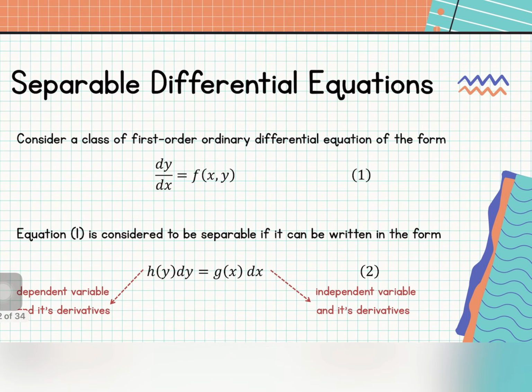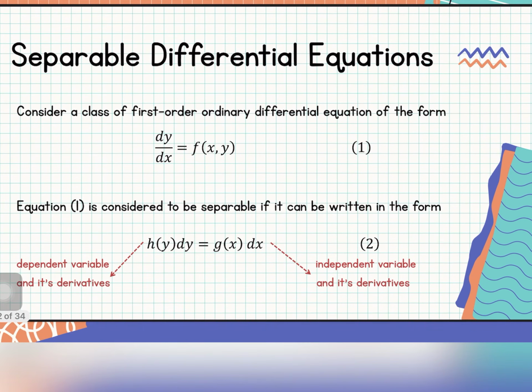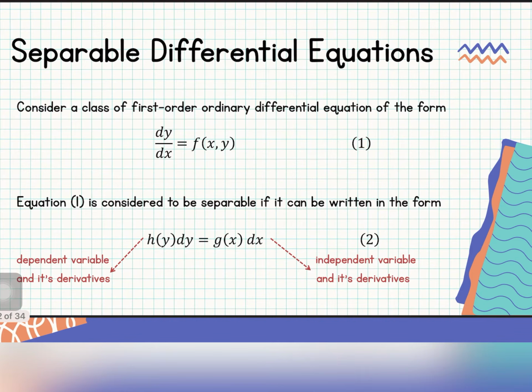So the first one we want to see is the separable differential equation. So what is said to be a separable differential equation? We consider a class of first order differential equation of the form dy dx equal to f(x,y). So we have a differential equation with a function f(x,y), which is a function of x and y.